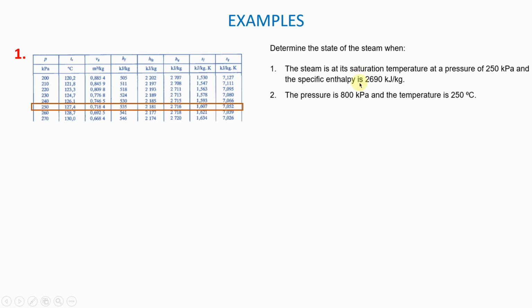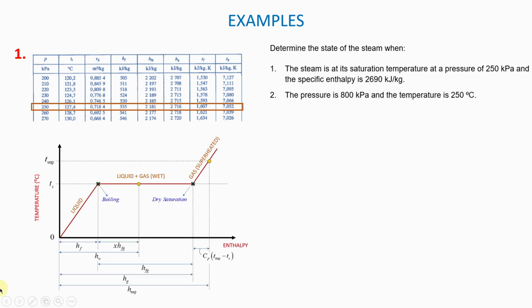Now what do you need to do here to determine the state of the steam? You need to compare this specific enthalpy to that for dry saturated steam, because if you add more heat to dry saturation, then you fall in the zone of superheated steam. Remember the graph that I had in one of the previous slides. You can see here dry saturation is at Hg.